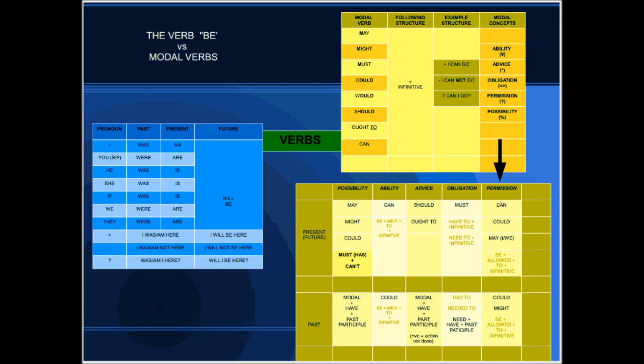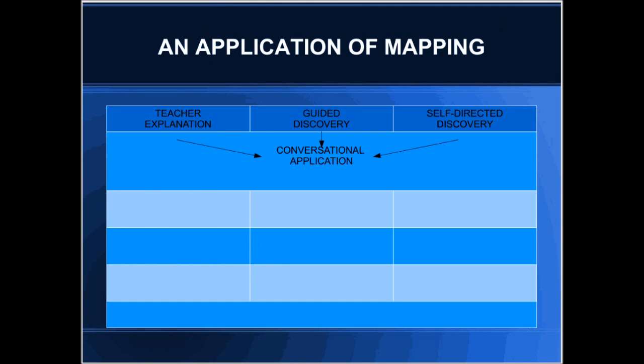There are many exceptions to rules, as you know, in the English language. We just have to deal with it as best we can and introduce it wherever we feel it's necessary. So those are the maps that we have.